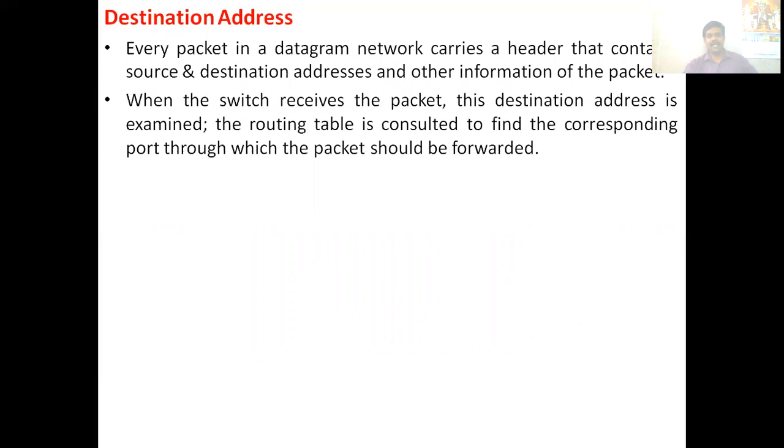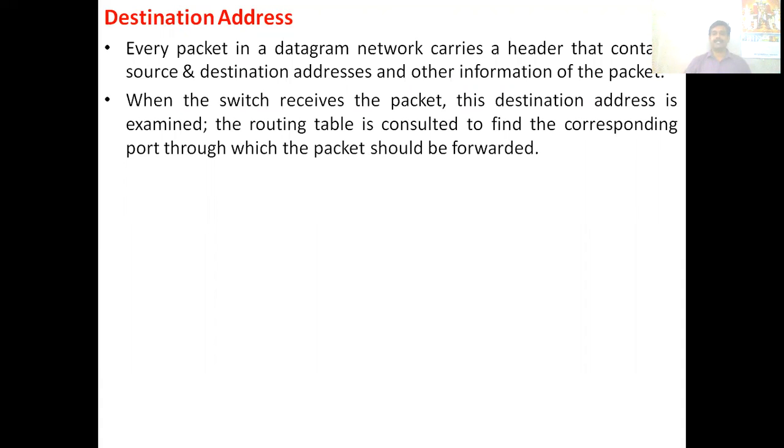Now, destination address. Every packet in a datagram network carries a header. What is a header? The additional information you are adding with the data is called a header. If you put that additional information in front of the data, it is called a header, and if you add it to the back of the data, it is called a trailer.